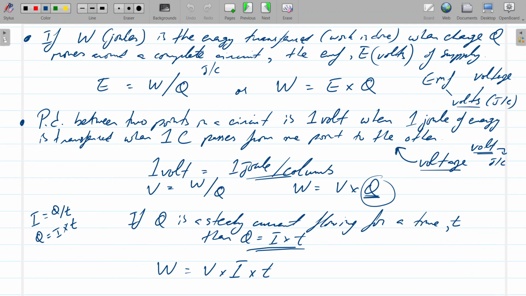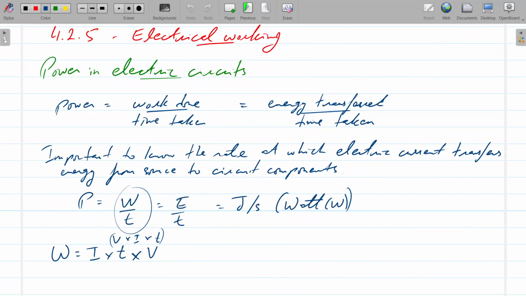Right, so over here, whatever we did back here, we ended up with W equals to VIT or ITV, however you want to say it, same thing.